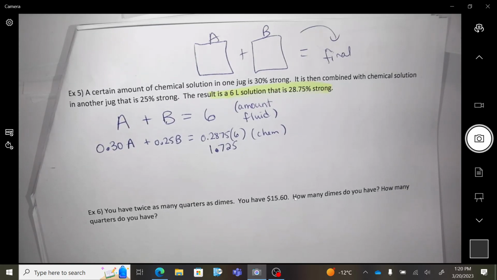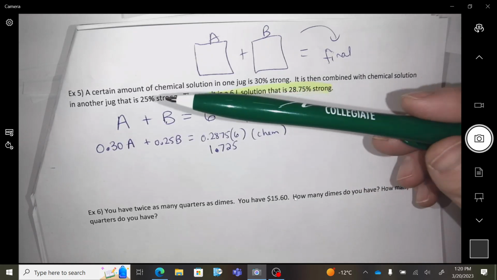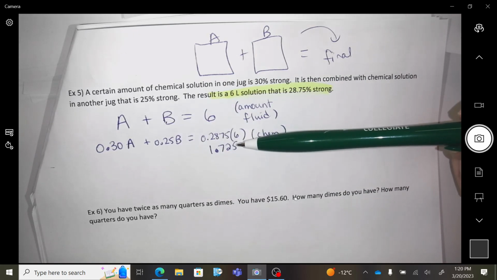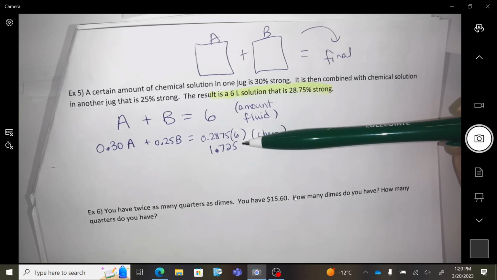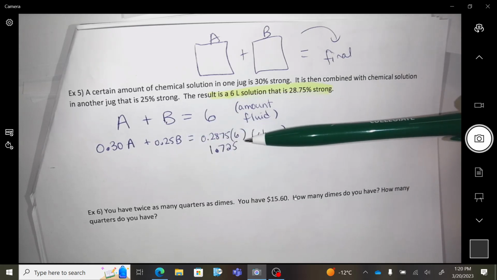Elimination. Is everybody okay if I pick that? What do you want to do here? Multiply 0.3 and 0.25 by 0.25. I'm going to multiply the second equation by 0.25. I don't think that gets me anywhere.